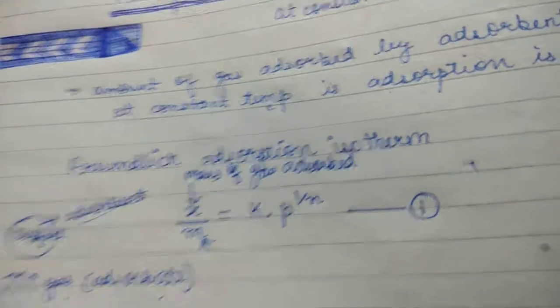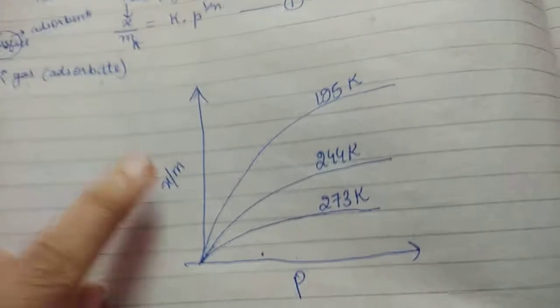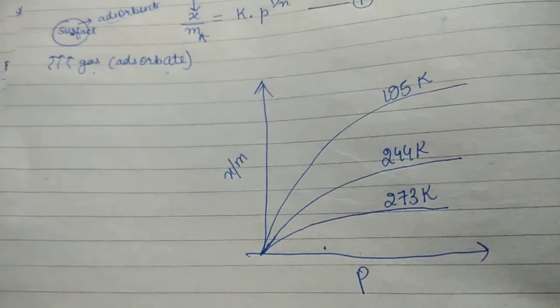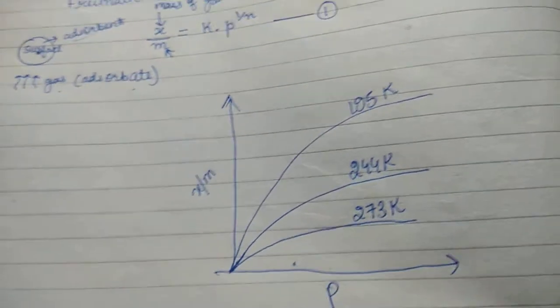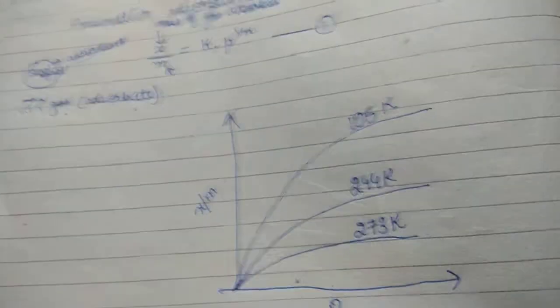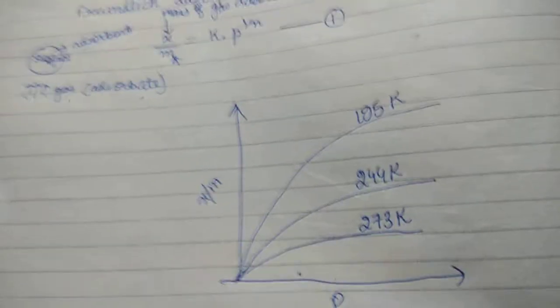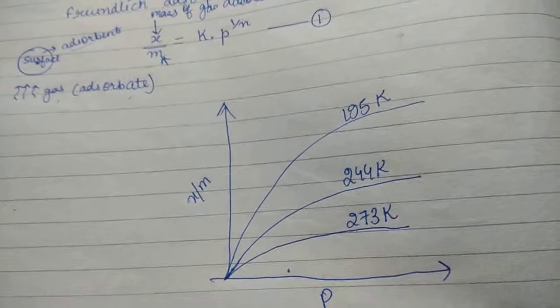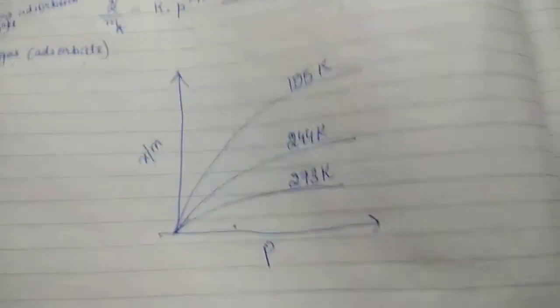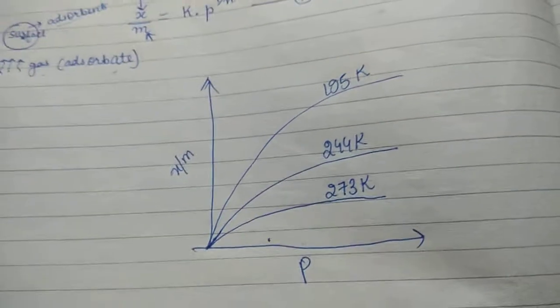We saw that one graph is given in your book, and this graph is this. Here x upon m, that is the extent of adsorption, where x is the mass of gas adsorbed and m is the mass of the surface, the mass of the solid, the mass of adsorbent.